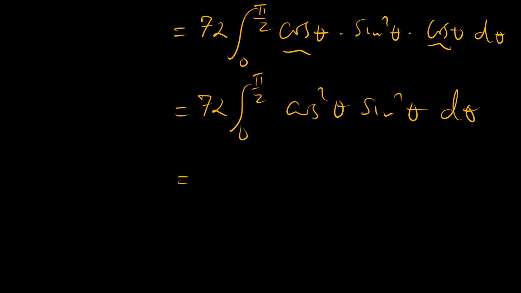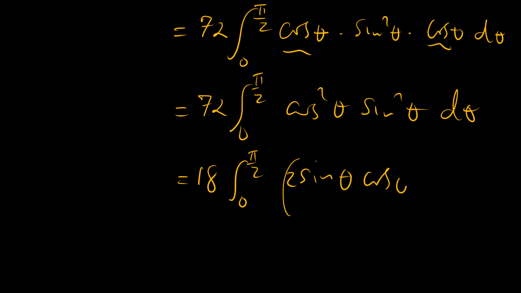And this becomes 72 divided by 4, which is 18. Why? Because this becomes a 4, and 4 times 18 is 72.